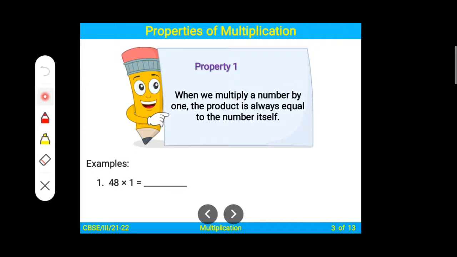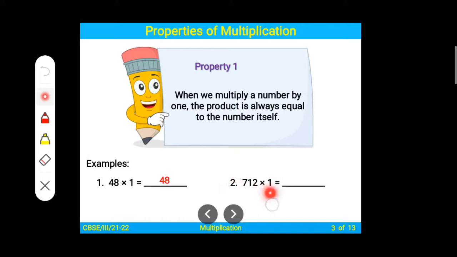So let's take an example. 48 multiplied by 1 is 48. 48 ones are 48. 712 multiplied by 1. आप कितना भी बड़ा नंबर ले लो, उसको 1 से अगर आप मल्टीप्लाई करते हो तो उसका आंसर वही नंबर आएगा. You can take a 3-digit, 4-digit or 5-digit number, and if you multiply it by 1, the answer will be that number.